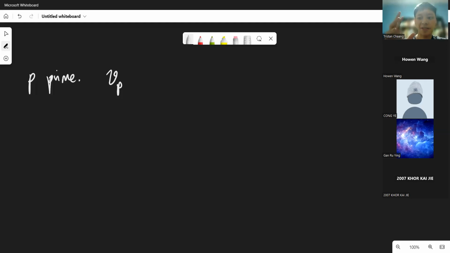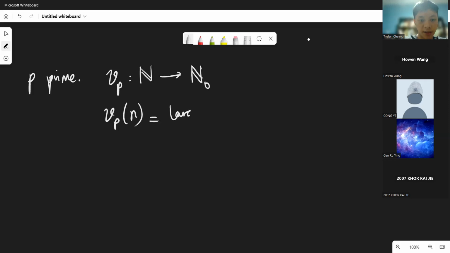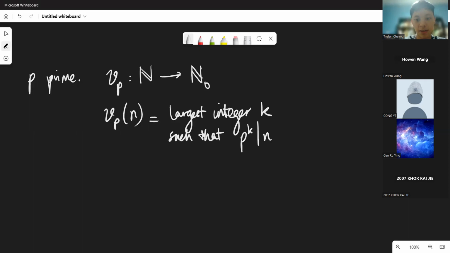So VP is a function that, for our purposes, takes in any positive integer and gives us a non-negative integer by saying the VP of n is the largest integer k such that p to the power of k divides n.